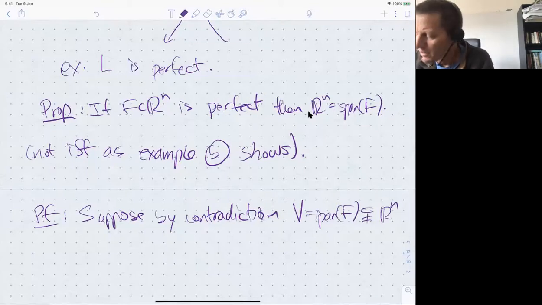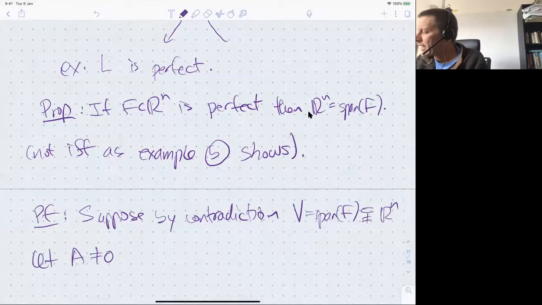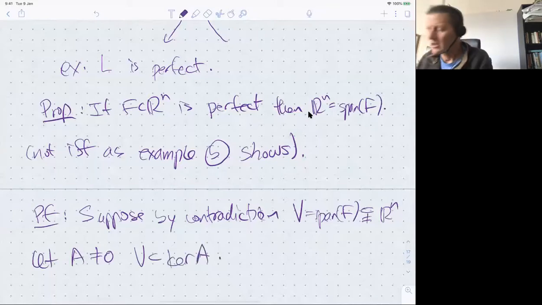Then you can find a matrix A which is not 0 and such that V is contained in the kernel of A. You can find such a non-zero linear transformation which vanishes on V, and you can also make it symmetric.